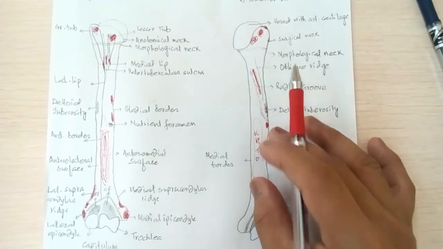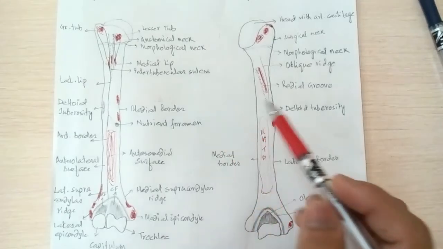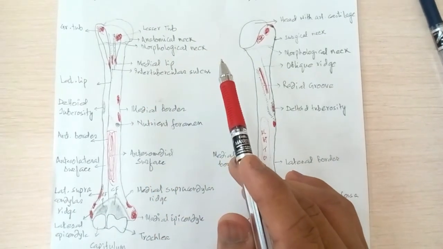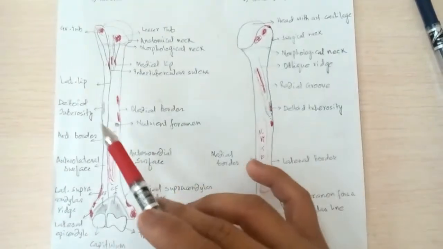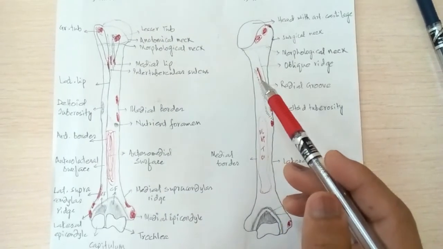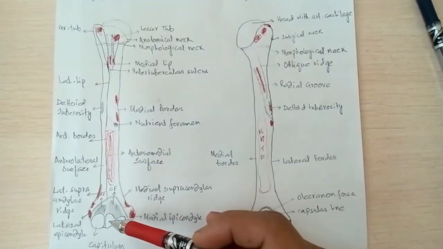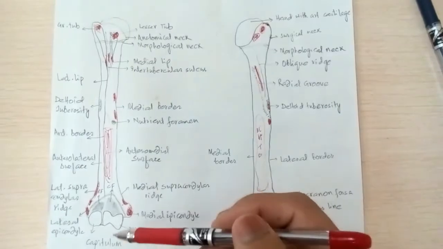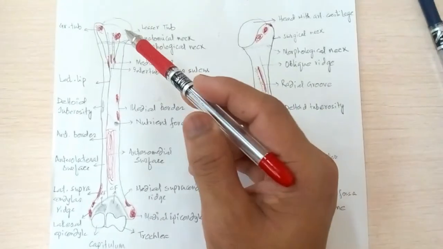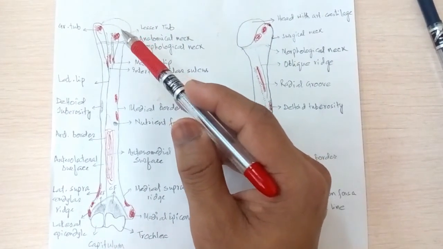So lastly, I would like to highlight an important point that should be kept in mind, that the humerus is not only clinically important because of the presence of some vital vessels and nerves, but it is also clinically very important because of its two ends, the lower end which articulates with two bones, the radius and the ulna, and the upper end which articulates with the scapula.